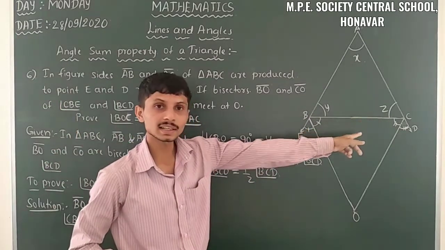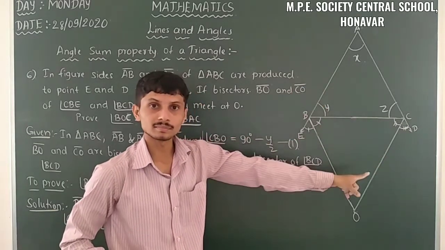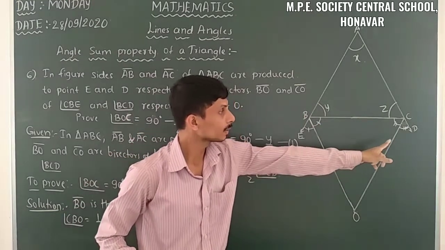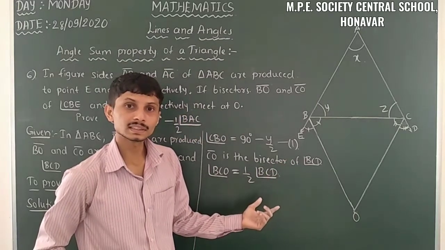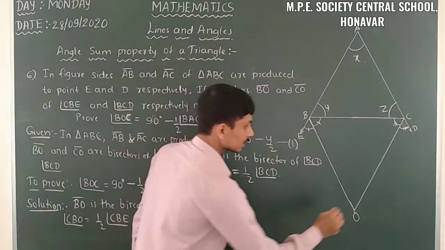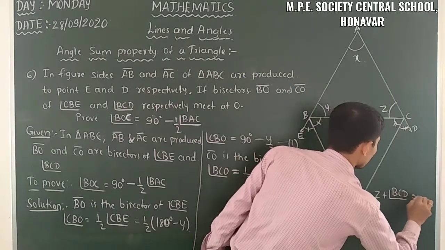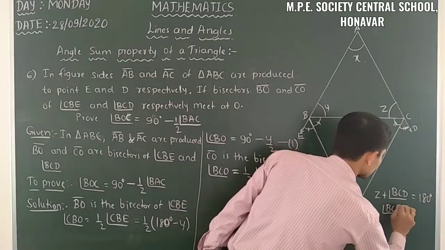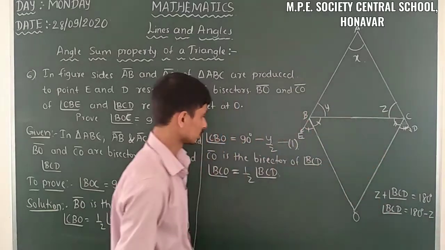When BC is a ray that stands on the line AD, then we can write z plus angle BCD is equal to 180 degree. That means angle BCD is equal to 180 degree minus z.